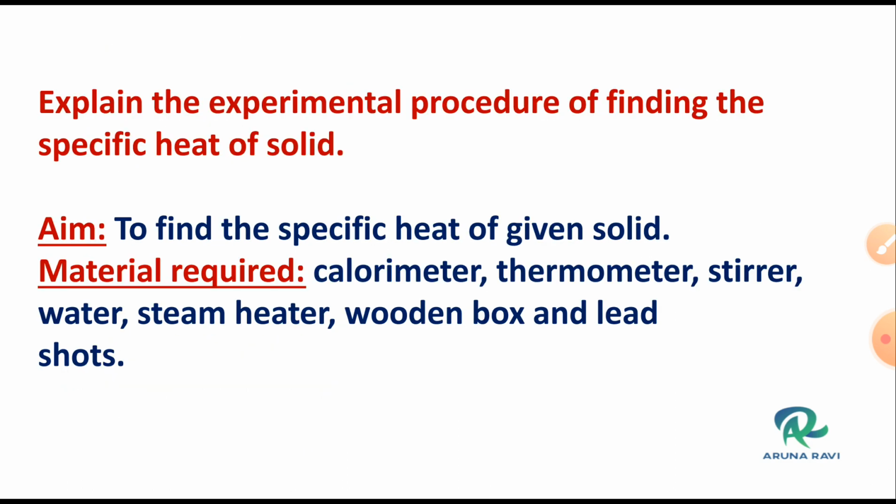Now, if they ask you in the examination how to write the question, that is the important criteria. Explain the experimental procedure of finding the specific heat of a solid. Many students give more priority to the procedure, but they forget to write the aim, material required, observations and conclusion. They just write the procedure and come away, so they will lose some marks.